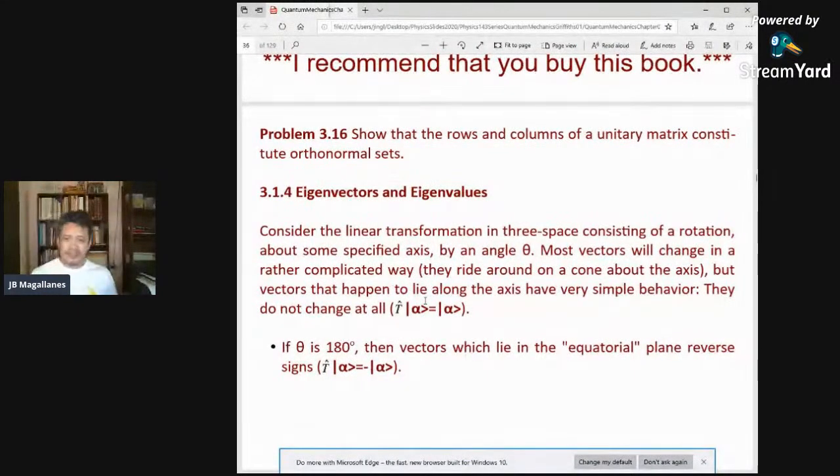That's one transformation. Or you can do another transformation, like changing x to negative x, leaving the y as is, and changing the z to negative z. So those are transformations.